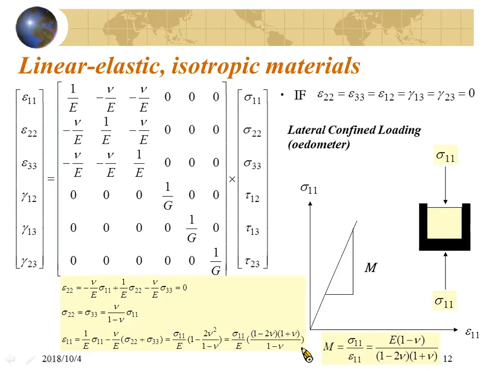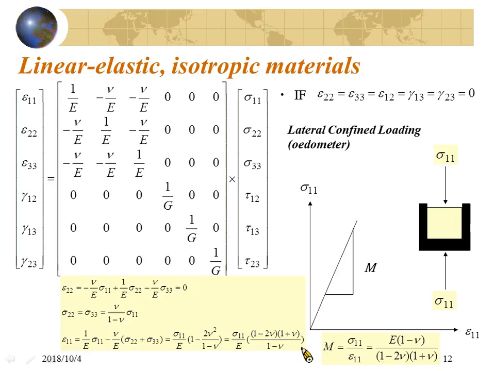The boundary condition is totally different. Do you understand? The previous one is a uniaxial compression test. The horizontal stress equals 0. But for this, the horizontal strain equals 0. You will have horizontal stress. For the previous case, the horizontal stress equals 0, but you will have horizontal strain. The difference lies in that.